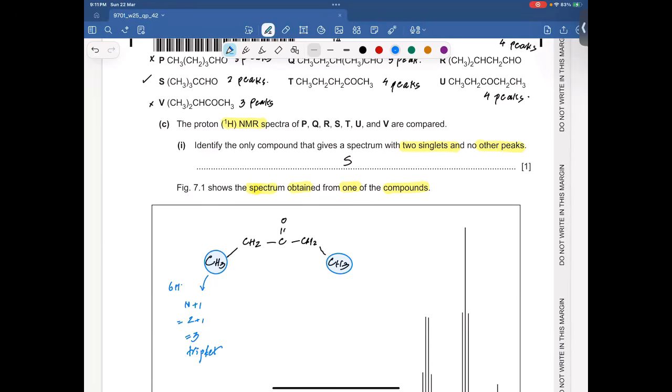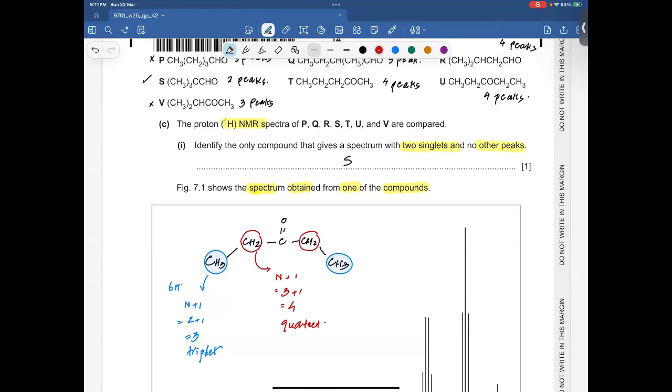So 6 hydrogens give you triplet. On the other hand, these 4 hydrogen atoms have the same chemical environment because they are attached at the same distance with respect to the carbonyl group. Now we need to apply the n+1 rule on these hydrogen atoms. See, we have 3 neighboring hydrogen atoms, so it's going to be 4, it's going to be quartet. So technically, we have only 2 chemical environments in this compound.